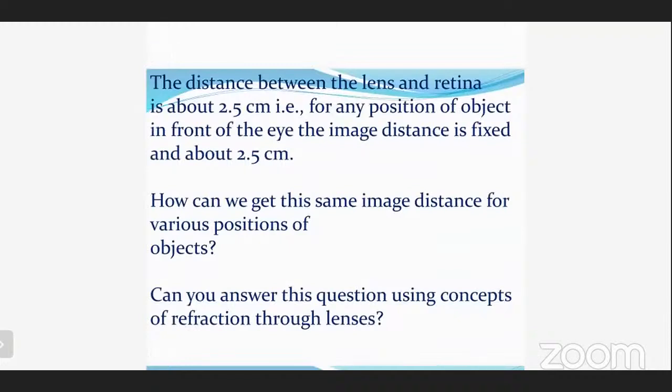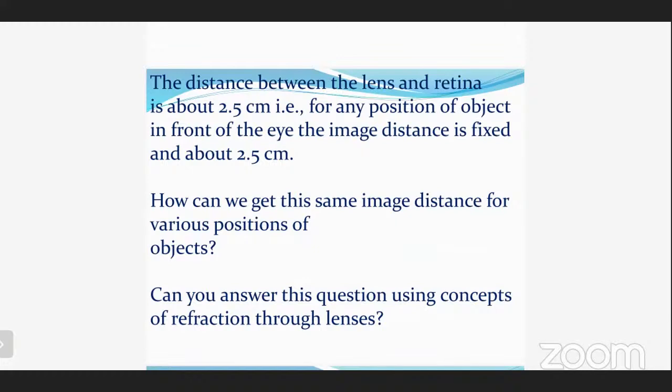In the previous chapter, you learned that the image is formed on the screen. So in our eye, any image is formed on the retina. So the retina works as a screen in our eye.